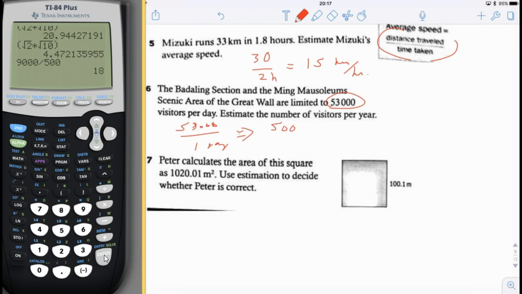We're going to multiply that times the number of days in a year, which is 365, but is it closer to 300 or 400? Closer to 400. So we're going to have 50,000 times 400, which is going to give us 20,000,000, something like that.